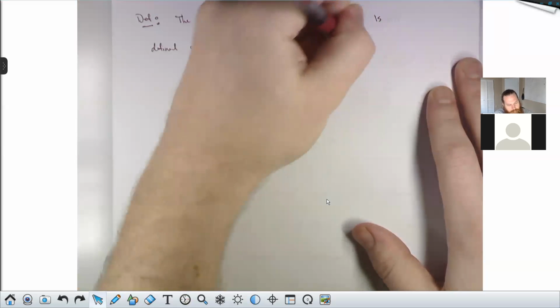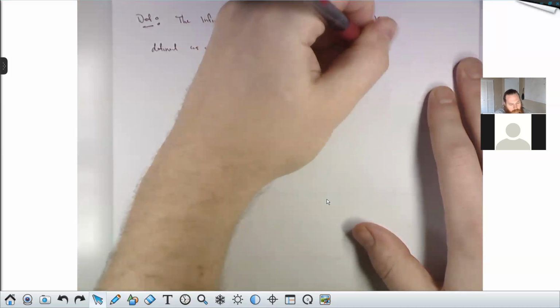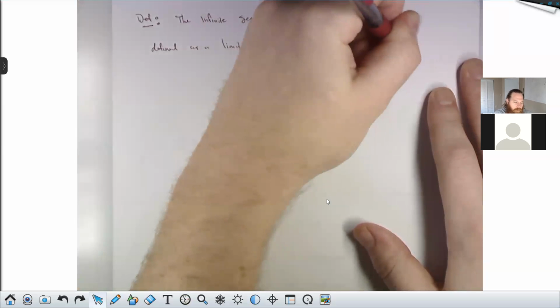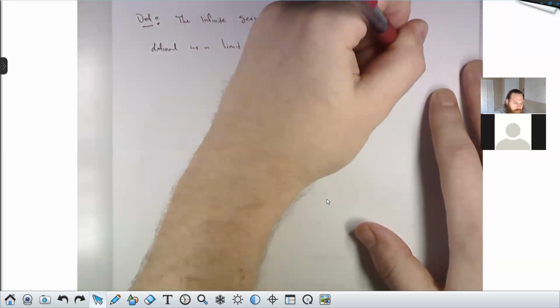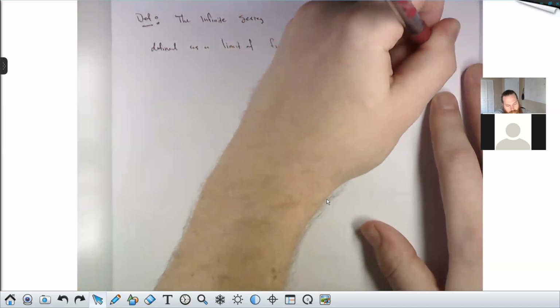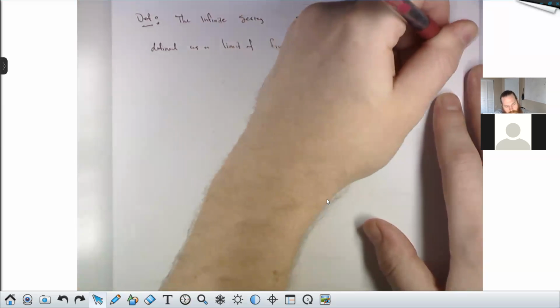So we say that the sum from 0 or wherever to infinity of an is the limit as capital N goes to infinity of the sum from 0 or wherever up to capital N of an.